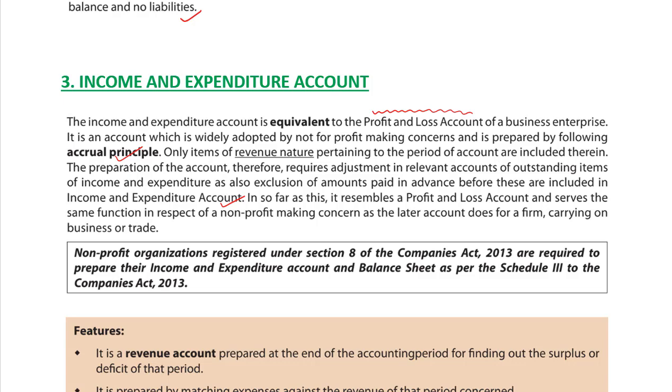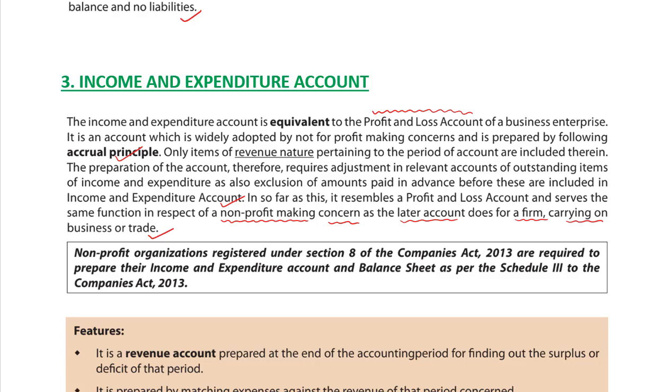Insofar as this, it resembles a profit and loss account and serves the same function in respect of not for profit making concerns as the latter account does for the firm carrying on business or trade.